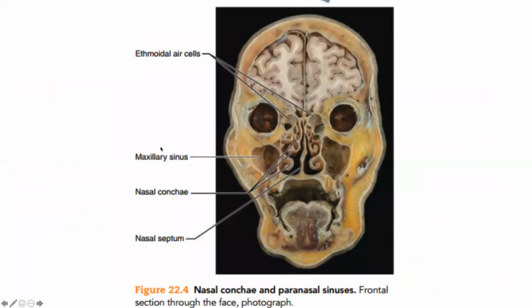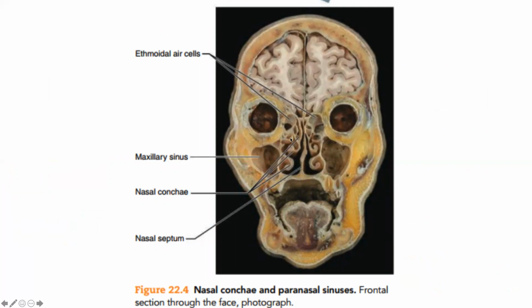So now this is the coronal section and the landmarks, of course, orbital cavities, right eye and left eye. And this is our nasal cavity. The nasal cavity is divided into right and left nasal cavity by the nasal septum here.